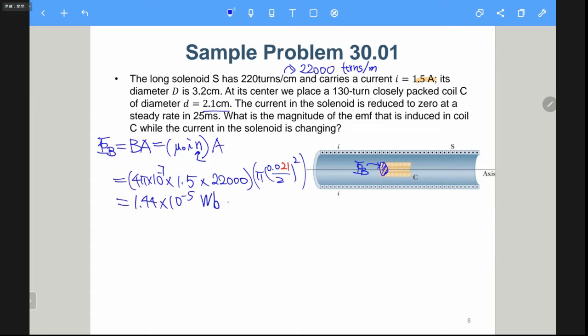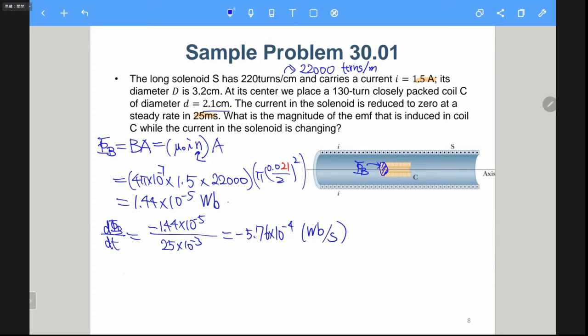Okay, so this is the magnetic flux, and we actually need to calculate d phi B dt, which is actually minus 1.44 times 10 to minus 5th, reduced to zero in 25 milliseconds. So over 25 times 10 to minus third power, which is minus 5.76 times 10 to minus 7 Weber per second.